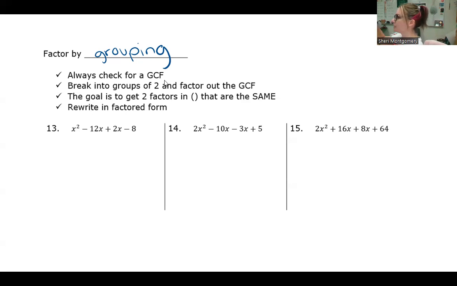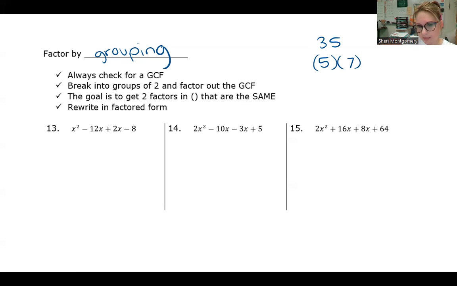So factored form is factor times factor. That's what factored form is. I will show you a simple example of factored versus not factored. If I have 35, that is not factored. To write that factored, it would be 5 times 7. So I'm just showing you the difference in something being factored and not factored so that you know the difference.